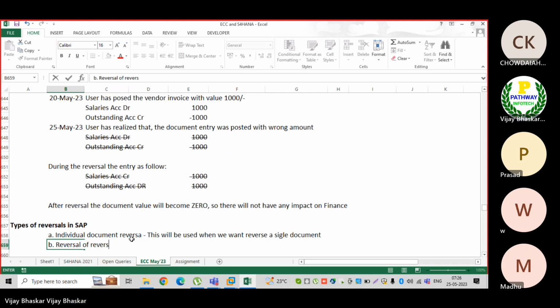Reversal of reversal will be used if the document was already cleared.